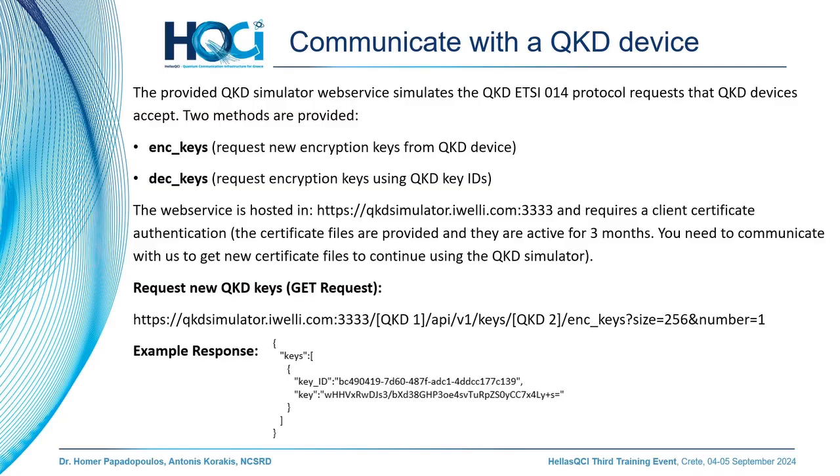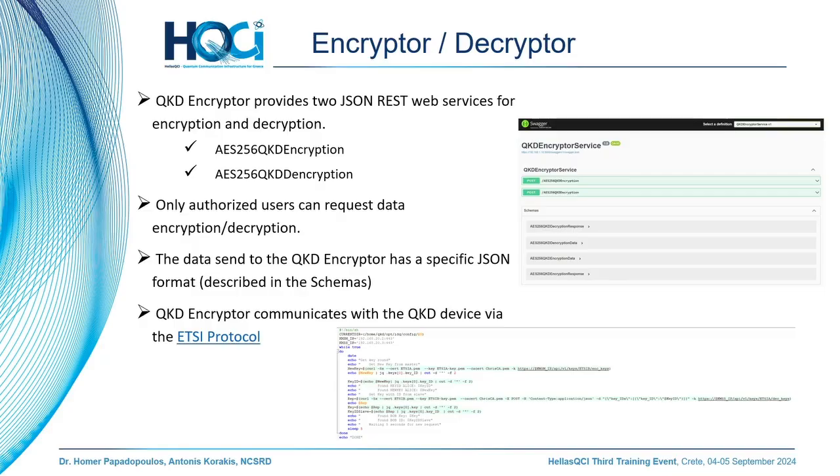What is a QKD key ID? When a QKD is generating keys, it stores these keys in the KMS. Consider that the number of keys stored there is, let's say, 100,000.